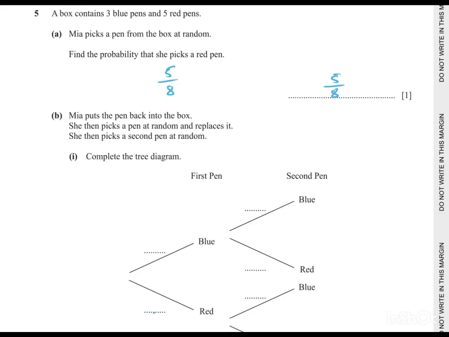Next, question B. Mia puts the pen back into the box. She then picks a pen at random and replaces it. She then picks a second pen at random. So the first pen she picks, she replaces it, and then the second pen, again she picks. We need to complete this tree diagram.